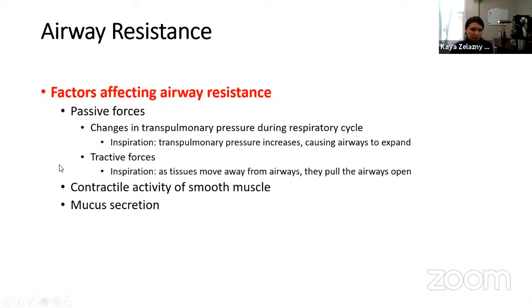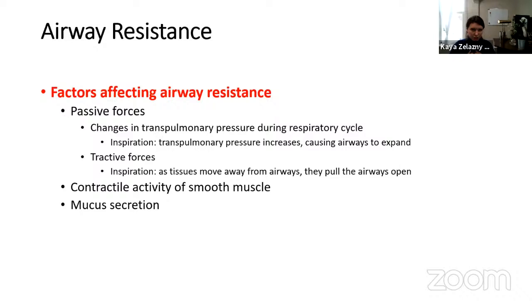Our other passive force is something called tractive forces. Tractive forces is the actual physical pull of the tissues. This isn't a pressure anymore. This isn't PIP or one of the pulmonary pressures we talked about. This is the fact that we have literal connective tissue connected to those airways.